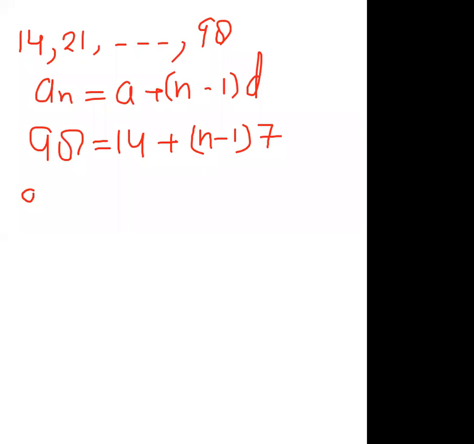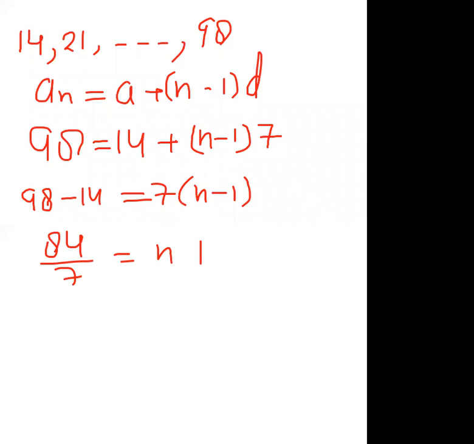So 98 minus 14 is equal to 7 into n minus 1. 84 must be divided by 7 equals n minus 1. That gives the value of n as 13.